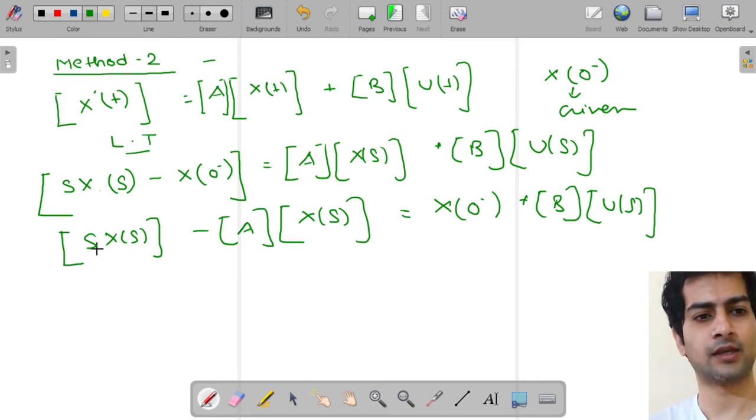See, this one we can write it like this. It is a property of matrices only. We can write it like this.